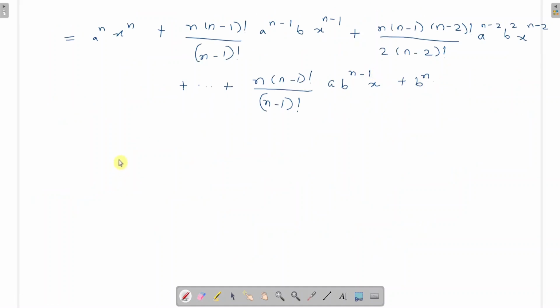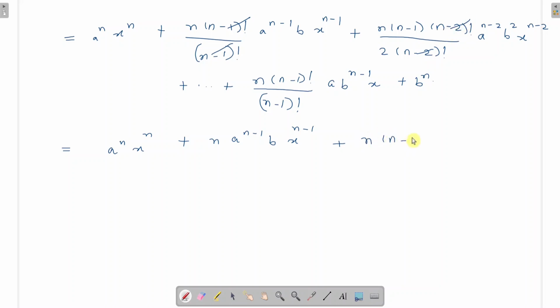Okay, so we will get a raised to n, x raised to n, and then this (n minus 1) factorial will get cancelled, and so we will get plus n times a raised to n minus 1, b, x raised to n minus 1, plus (n minus 2) factorial will get cancelled.